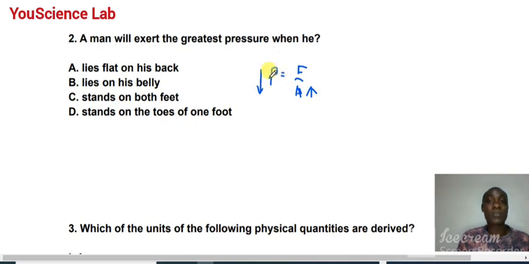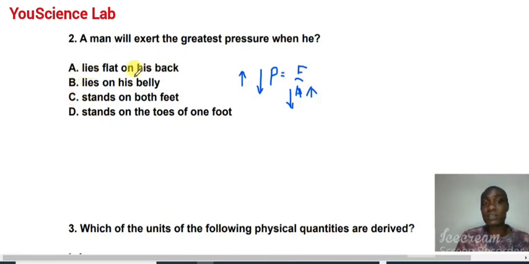So if you want the pressure to go up, you have to decrease the area. So a smaller surface area means the pressure will increase. From there you can see that the smallest surface area is when a man stands on the toes of one of his feet.